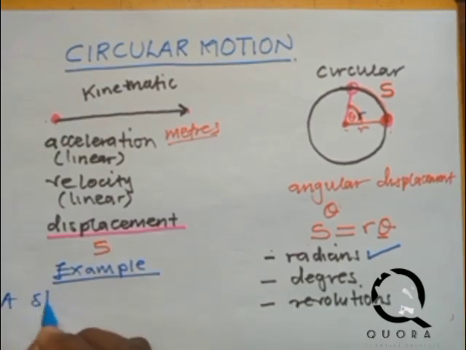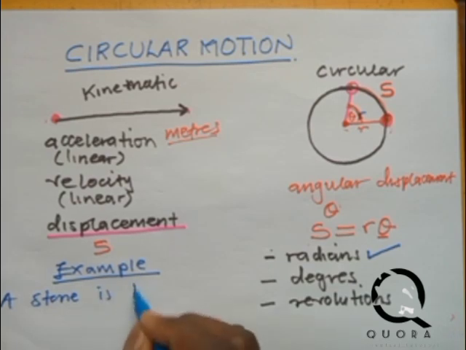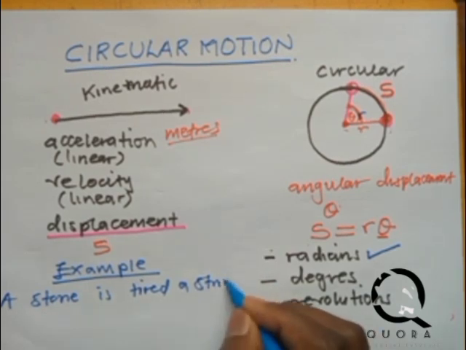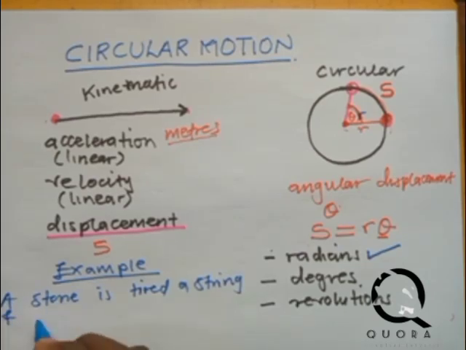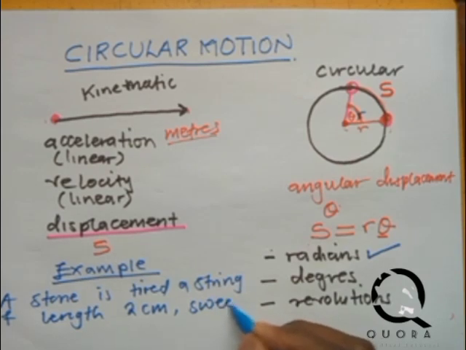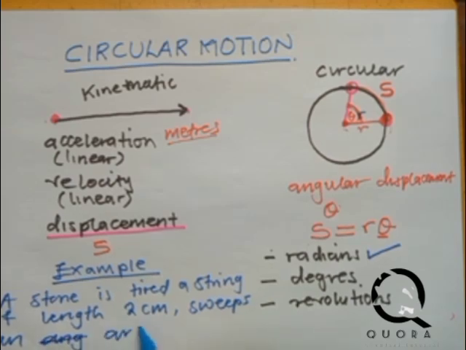A stone is tied to a string of length 2 centimeters, sweeps an arc length of 10 centimeters, find the angular displacement.